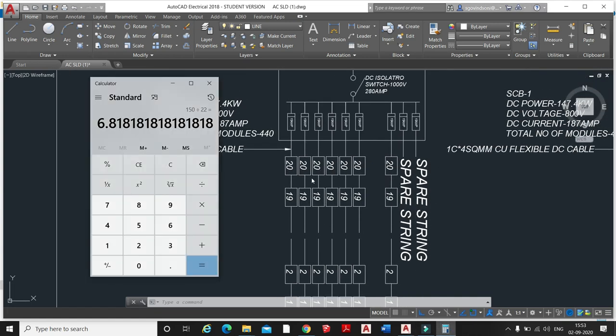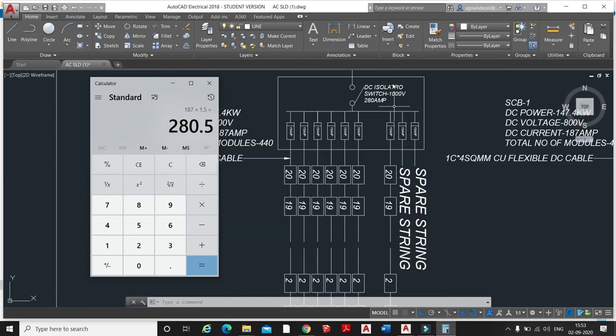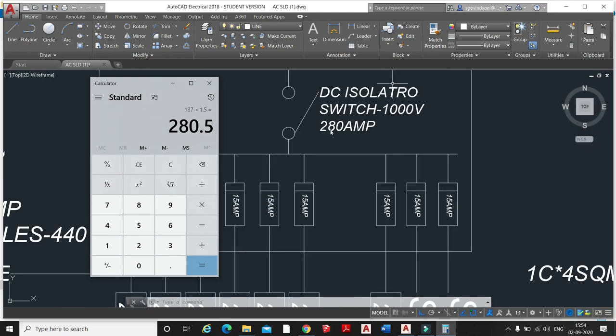We multiply by the 8.5 ampere current from each string, so the total current is 187 amperes, and we choose a safety factor of 1.5 times higher. So when we design the current for the DC isolator switch, I will multiply by 1.5, so I will get the rating of this DC switch. So the rating of this DC switch is 1000 volt DC, 280 ampere.